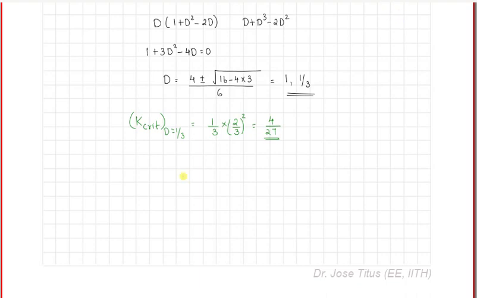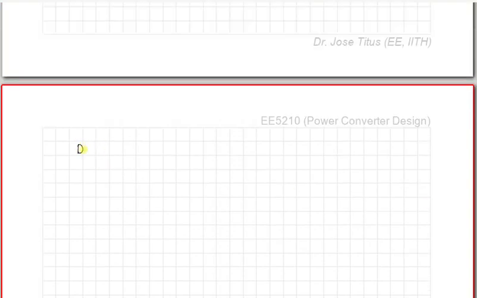Nevertheless, it would be important to understand the characteristics of this converter in the CCM mode as well, in the DCM mode as well. So let us try to do that also. So what we have now is DCM operation.